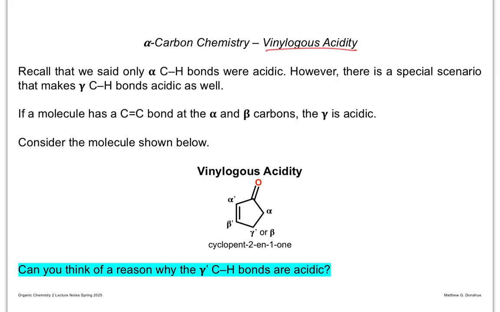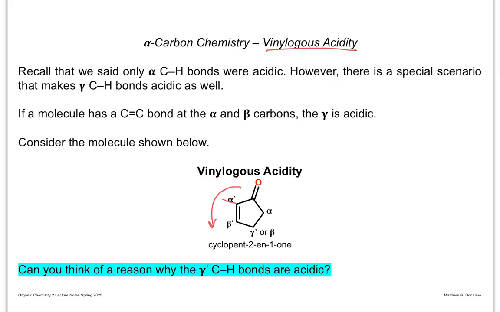And so if you look at this molecule shown, this cyclopentenone, if you go around the ring counterclockwise, as I'm showing in red, you see that alpha prime and beta prime are both sp2 hybridized.